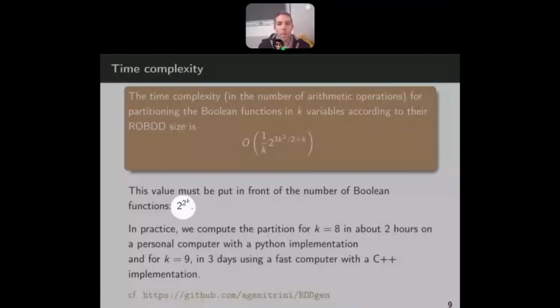So in fact, my result is some kind of logarithmic in the state space of my problem.